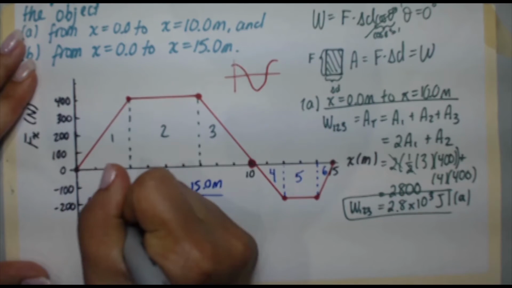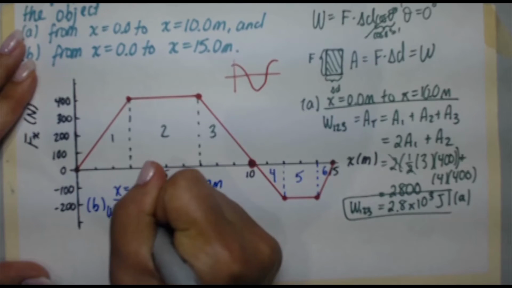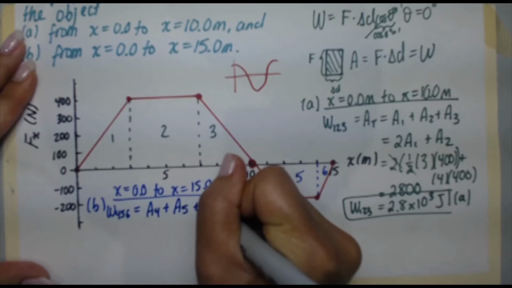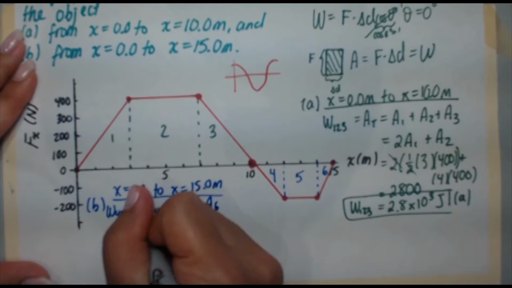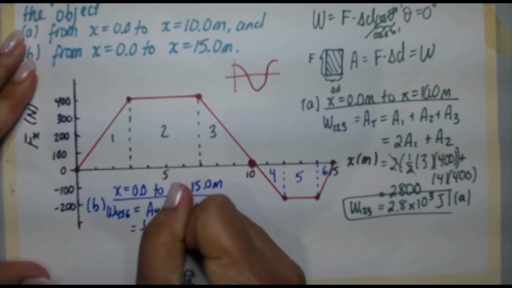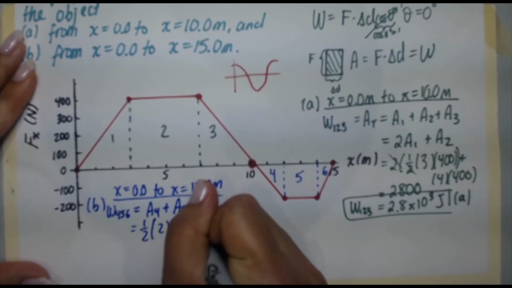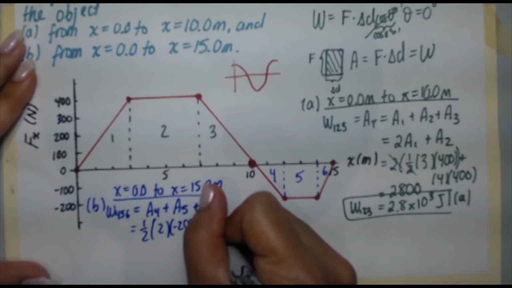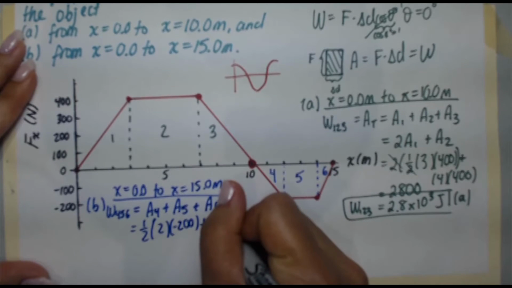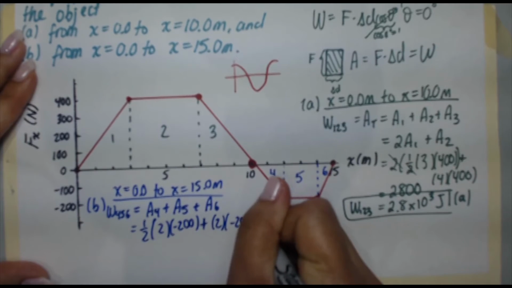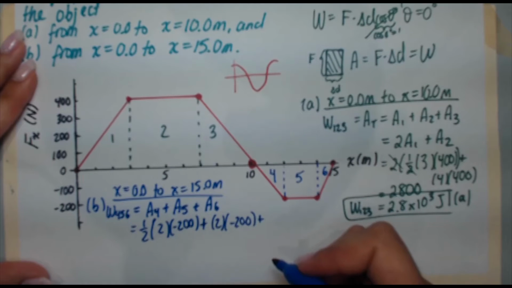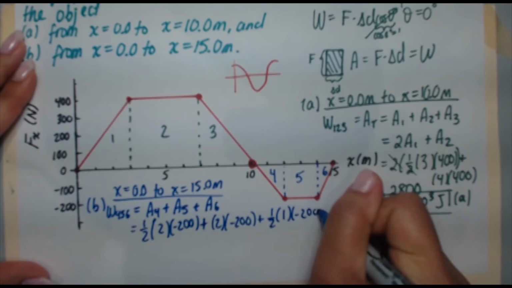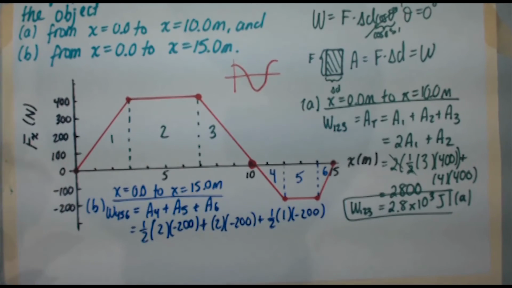The work for 4, 5, and 6 is equal to A4 plus A5 plus A6. A4 is a triangle, 1/2 the base, which is 2, times the height, negative 200, plus A5, which is a rectangle, so base times height, so 2 times minus 200, plus the last triangle, number 6, 1/2 the base, which is 1, times the height, minus 200. Honestly, you just plug it in.